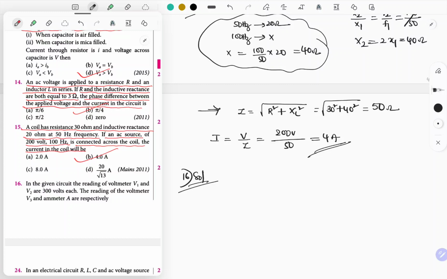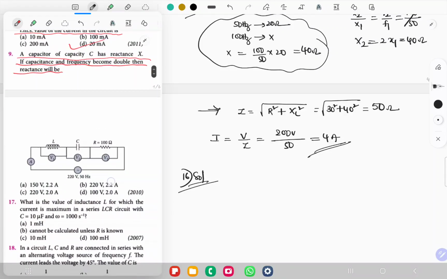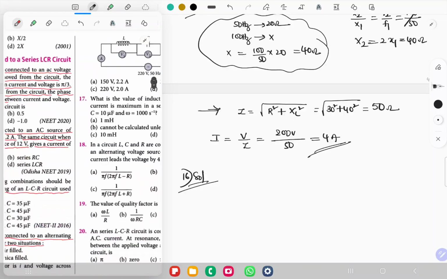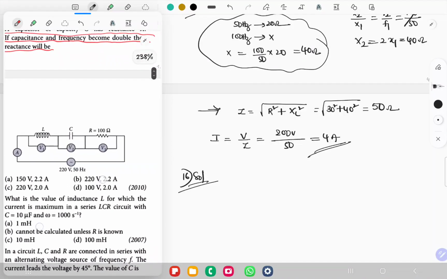Let's solve the next question. In a given circuit, the readings of voltmeters V1 and V2 are 300 volt each. The readings of voltmeter V3 and ammeter A, respectively, are? Okay. So V1 and V2 are 300 volt each. Look at this.